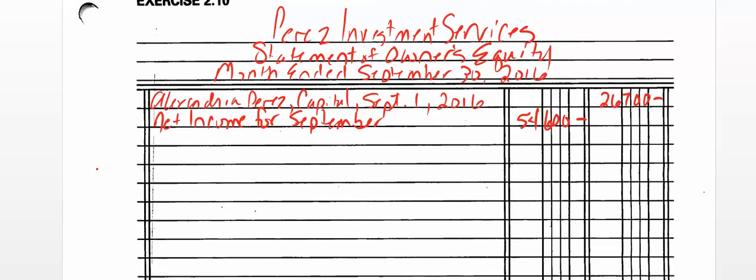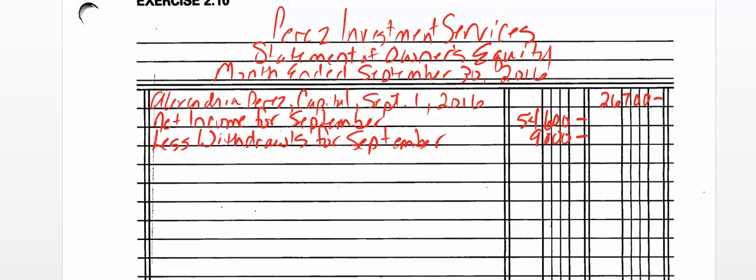They have to take a drawing out of their company and then spend that separately. That's in order to keep your business and your personal life separate. Okay, so we write less withdrawal for September. There could be more than one, but in this case there's only one. That was $9,000.